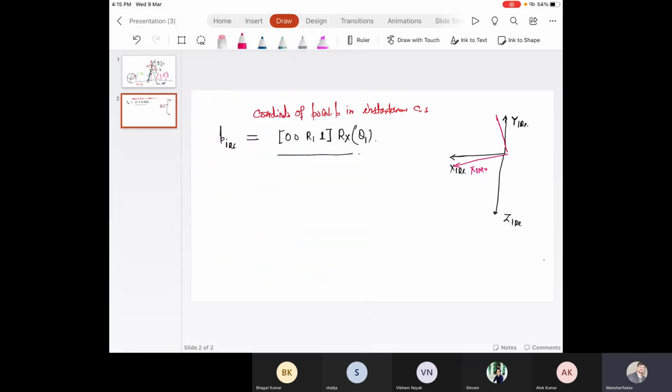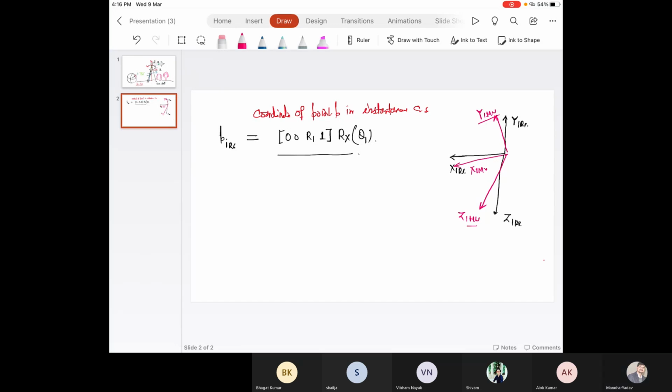Here we have YIMU towards the right wing of the flying aircraft, because this is the pitch axis. Z will be somewhat downward, this is ZIMU.